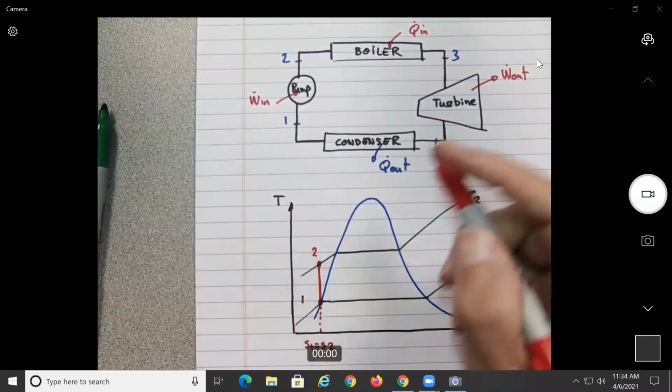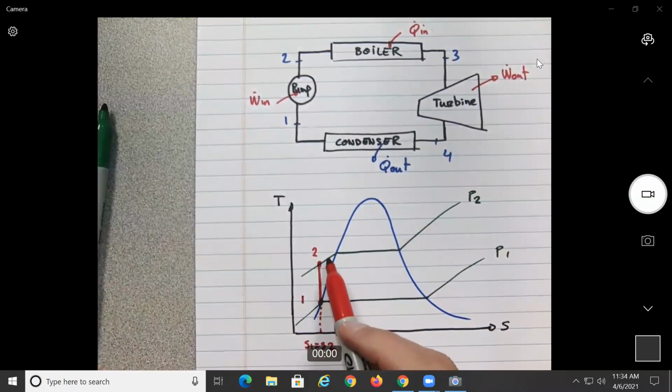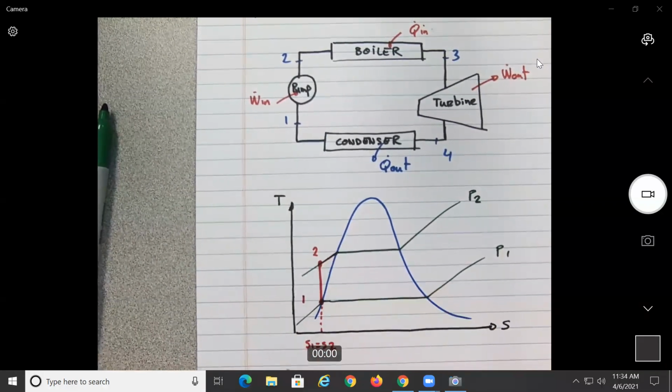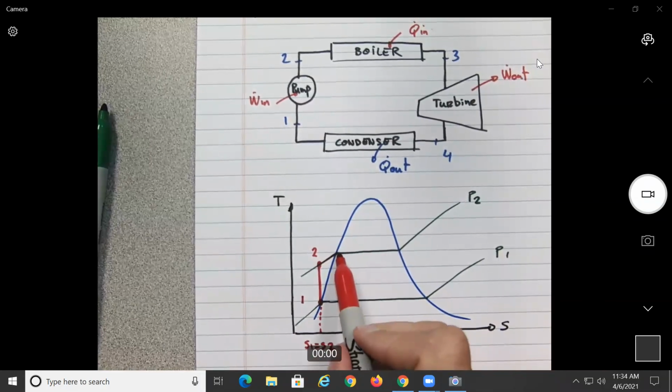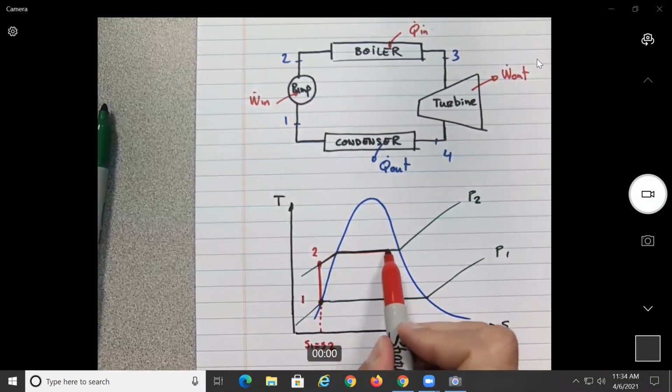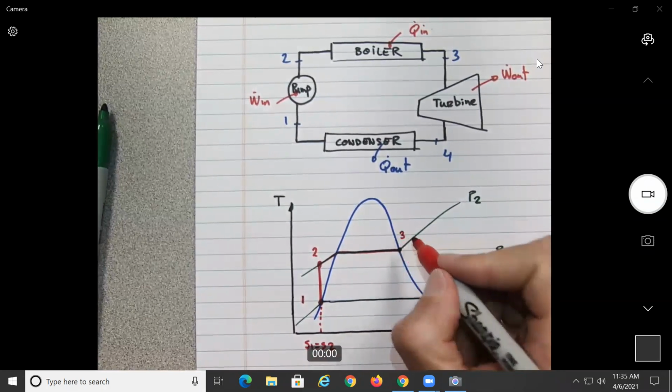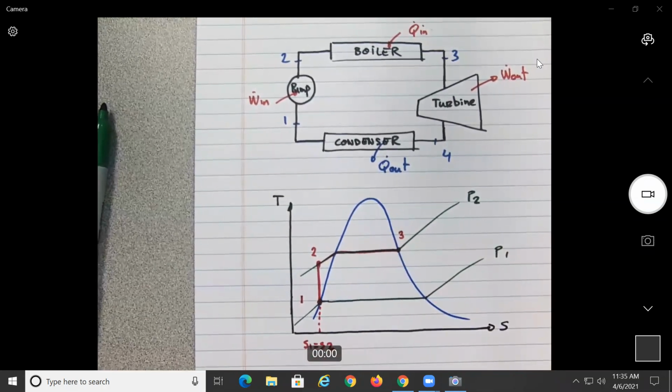Now we get to the boiler. You see that you cool it there, but when you move it up to this pressure, the water is not going to be right about to boil. It needs to heat a little bit over here, and then it gets to the boiler. It's going to go from here to here. As soon as it's steam over here, it should be able to start running the turbine.